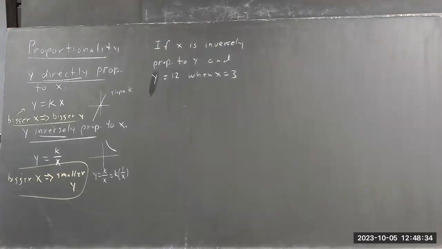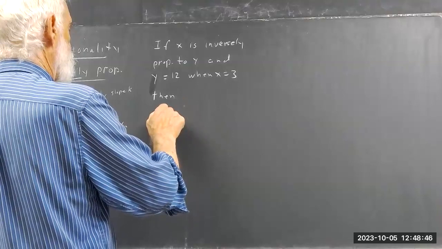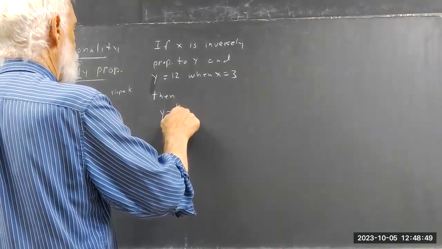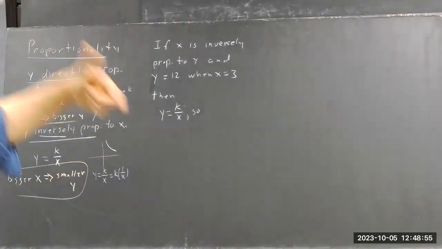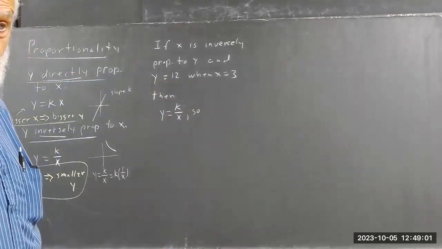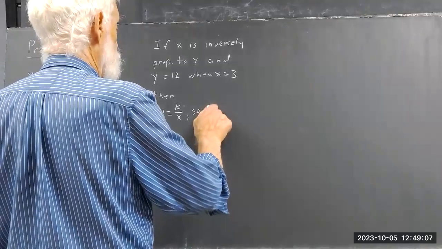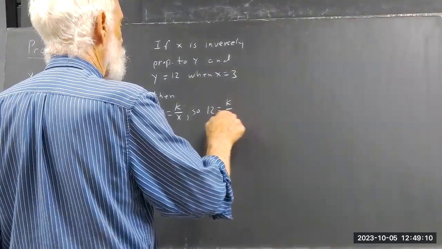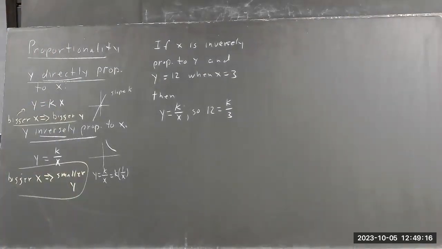Not quite. If it was directly proportional, you would get that. It's inversely proportional. That means you have Y equals K over X. Now, if Y equals K over X, what can you do? You can plug in the value of Y and you can plug in the value of X. Okay? Y equals K over X, so 12 equals K over 3. Now, take a second and solve that for K.